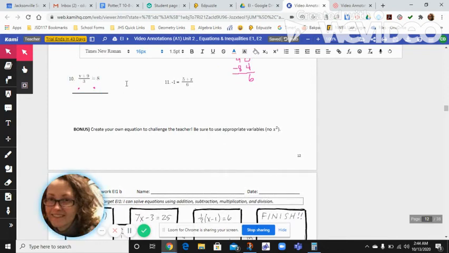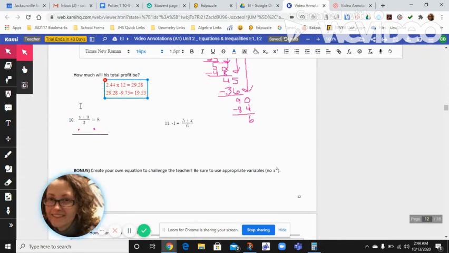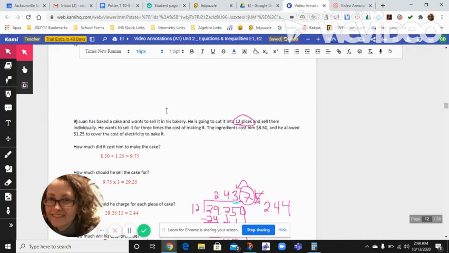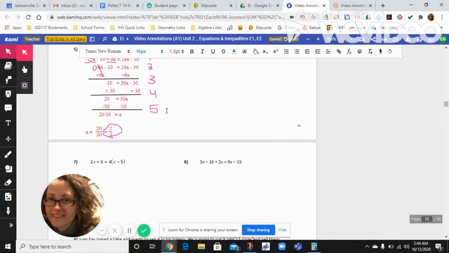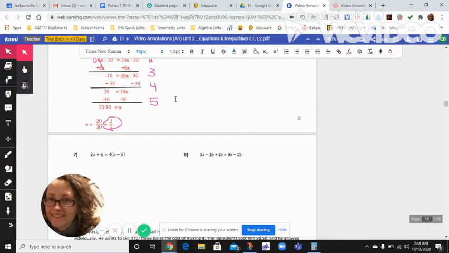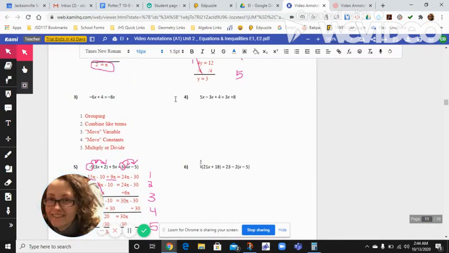So question number 10 is a question that I have added here, and it's just trying to help me explain what some of those grouping symbols look like when they're not necessarily parentheses.